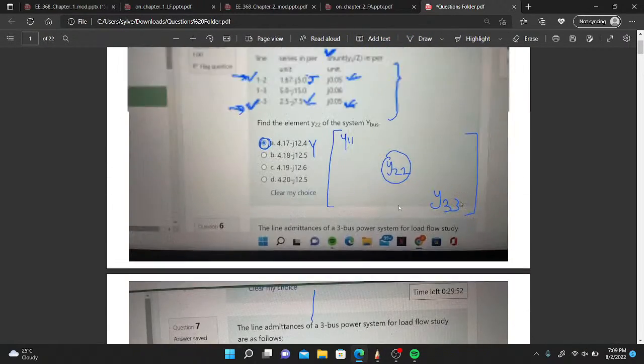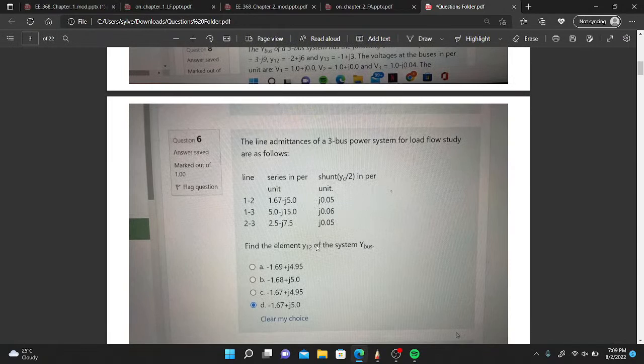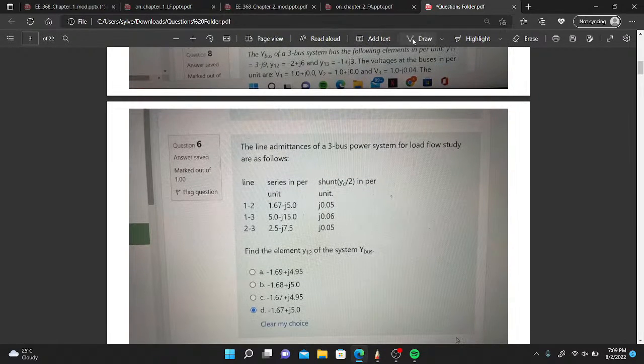Let's move on. So we've seen these two questions. The next question, you're supposed to find y12. Same thing. 1, 2 means between 1 and 2. So negative the admittance between 1 and 2, but without the shunt, because the shunt is not connected between, it's connected to.